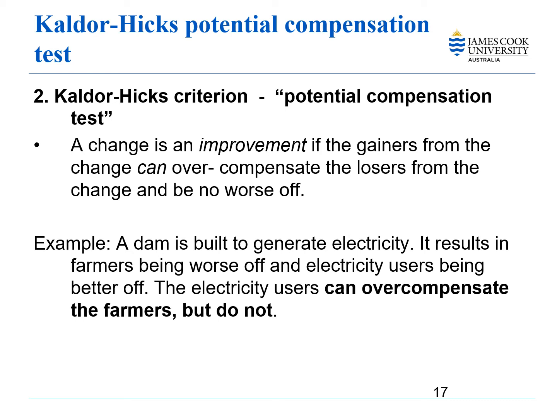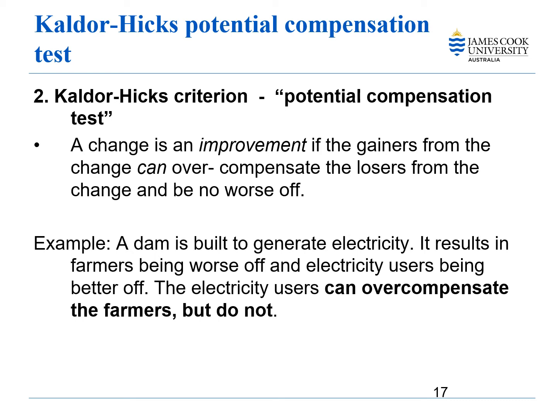In practice, it might be difficult. This kind of compensation might be difficult to implement in reality. So if we use this Pareto criteria, Pareto yardstick, we might end up having no projects, or it might be too strict.